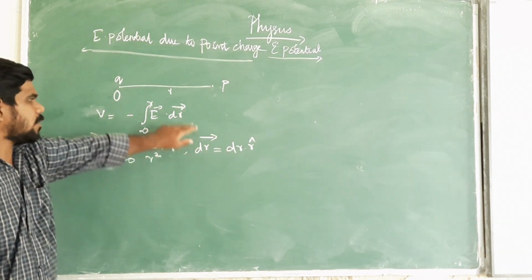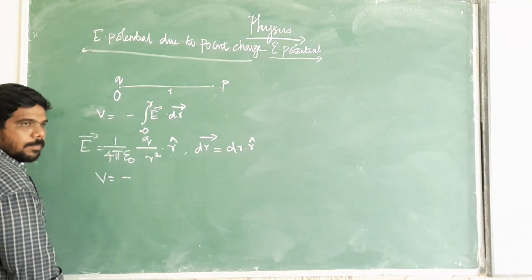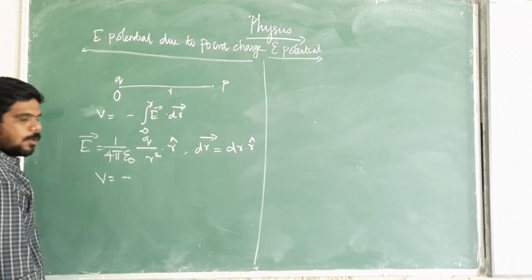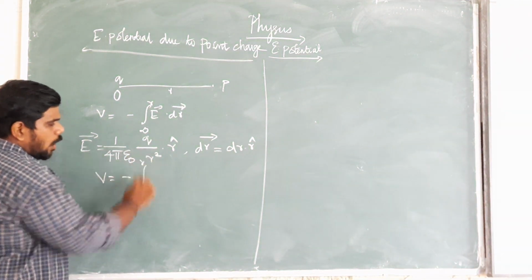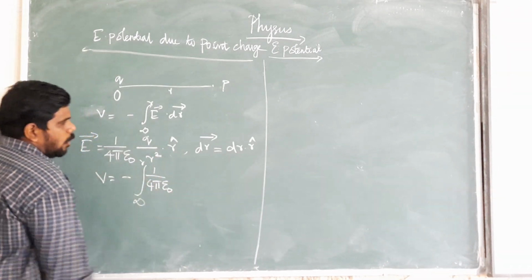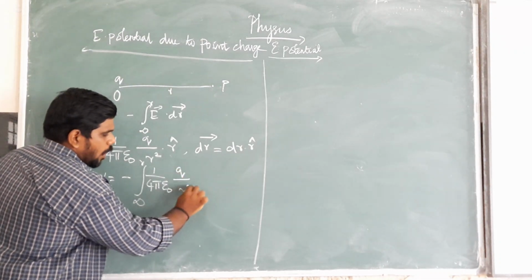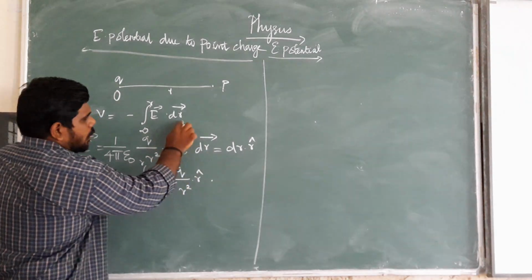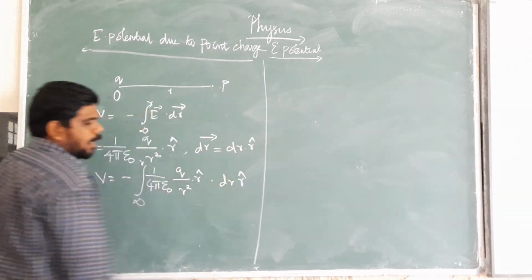So we are going to substitute the above expressions. V is equal to minus the integral from infinity to r of 1 by 4 pi epsilon 0 q by r square into r cap, into dr into r cap.